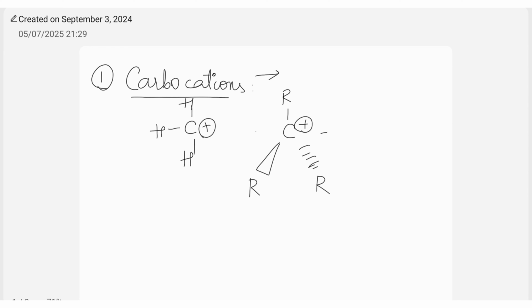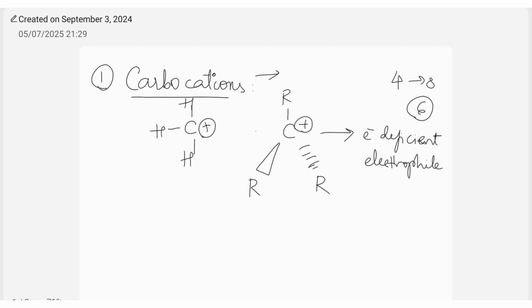Now since there is a positive charge on the carbon, carbon's valency is generally 4, but here it is only 3. That means instead of 8 electrons, there are only 6 electrons. So we consider it an electron deficient species, and since it is electron deficient, it will always be ready to take up electrons. So it is considered an electrophile, which means electron loving.